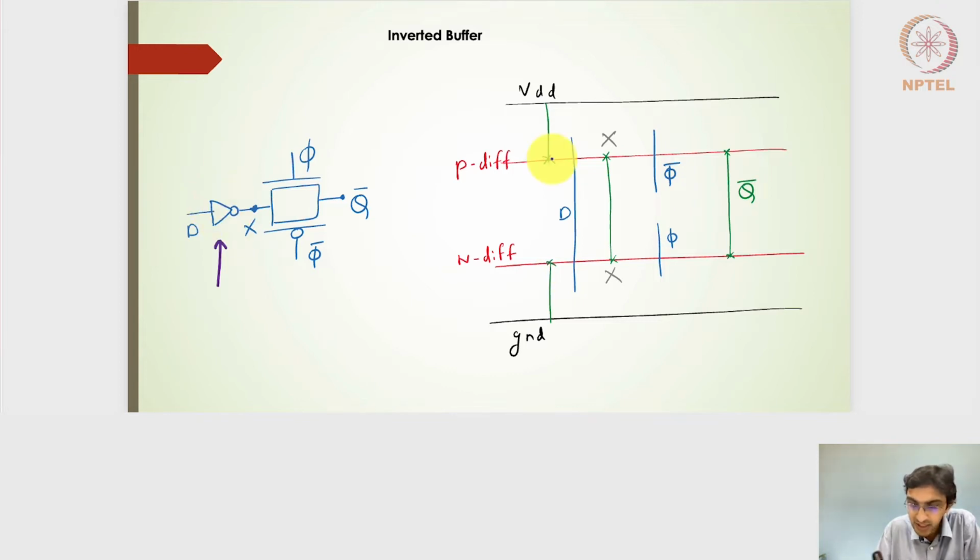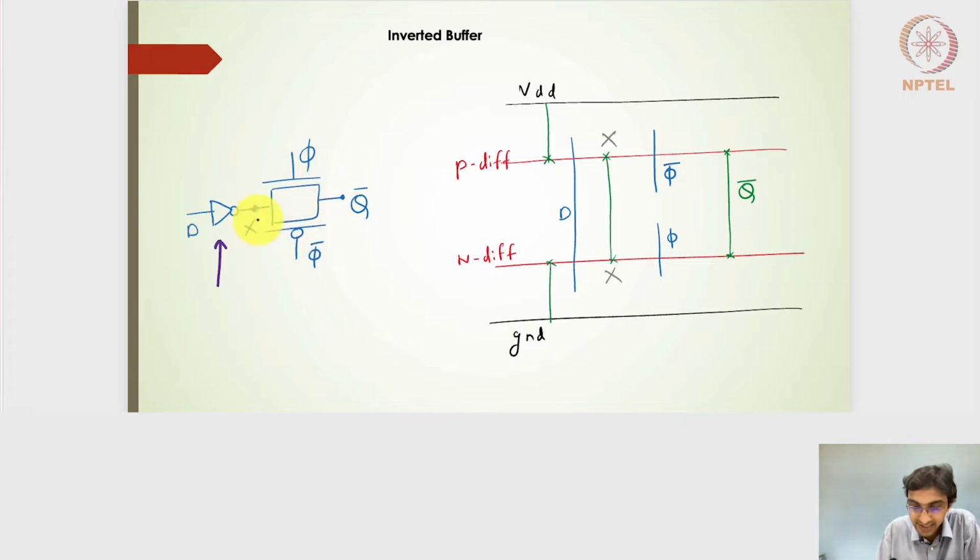One diffusion on the P diffusion line goes to VDD, and another diffusion on the N diffusion line goes to ground. The other side is the output node, which is nothing but the X output of the inverter. This X output gets connected by a metal line. So this completes my inverter stick diagram.